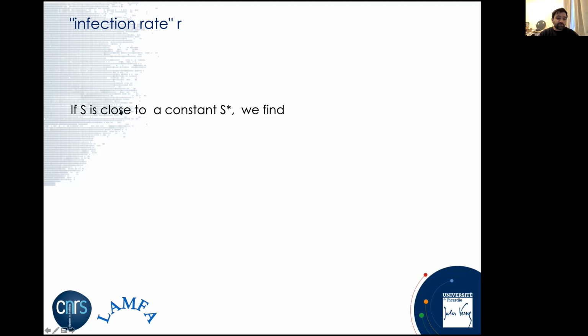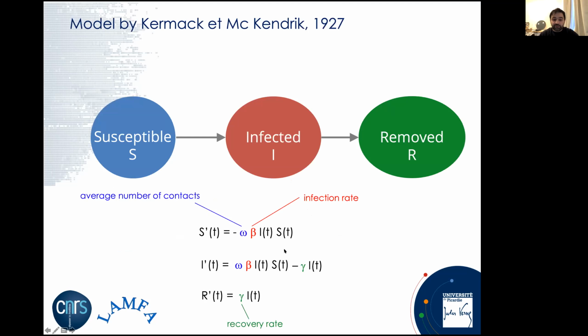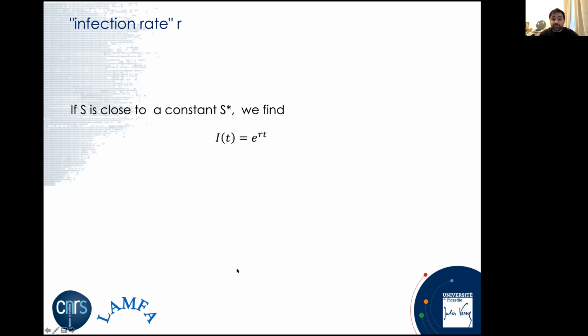But just to simplify, if you put S as a constant in the second equation, you just have I times some coefficient. So what you have is just an exponential. In terms of mathematics, we should say that if you linearize close to a constant, I is an exponential.